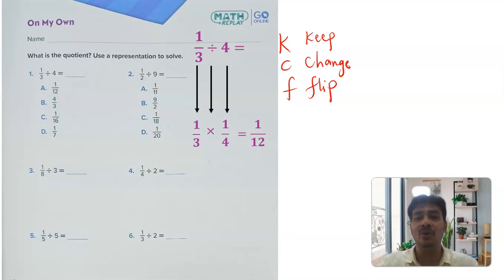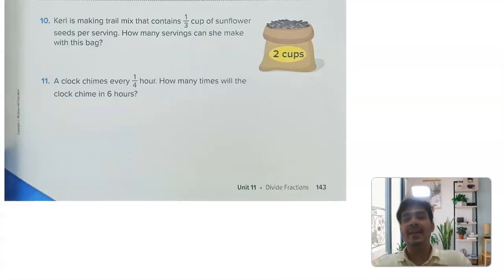So answer is 1/12. Clear? Similarly, for all others you can do, it's very easy. 1 by 18, 1 by 24, 1 by 8, 1 by 25, and 1 by 6. Is that clear?